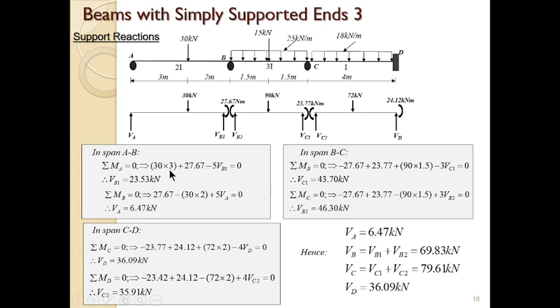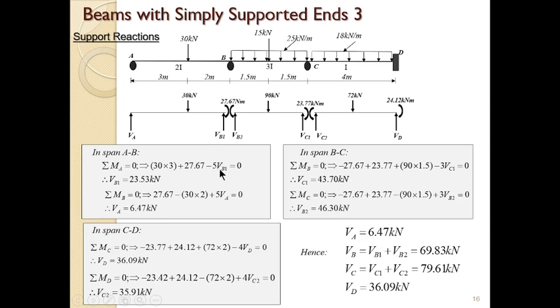So if you take span AB and take moment at A, you will have this load 30 is going to produce a clockwise moment. That is why it is plus. So 30 times the perpendicular distance, which is 3, plus this 27.67, which is actually the clockwise moment here, while the moment due to VB1 is going to be an anti-clockwise moment.